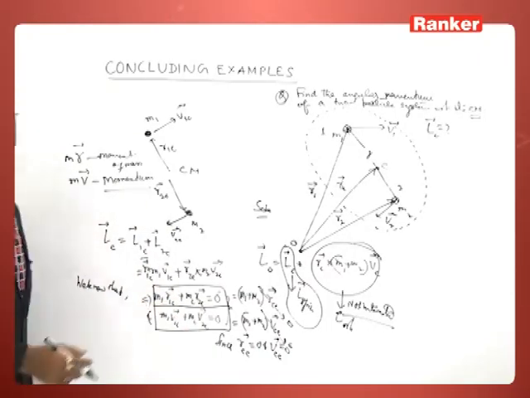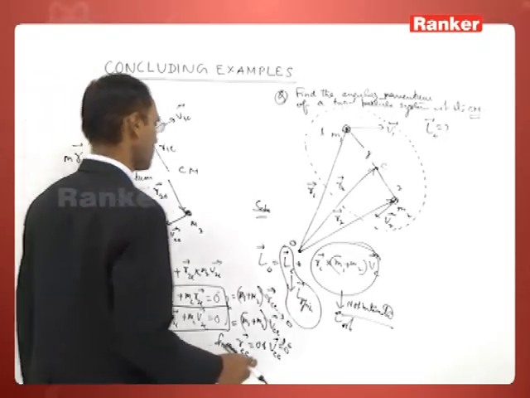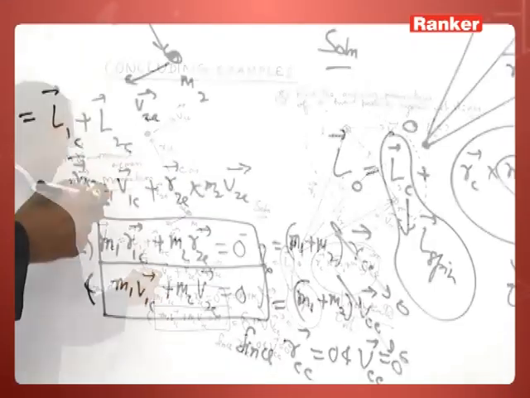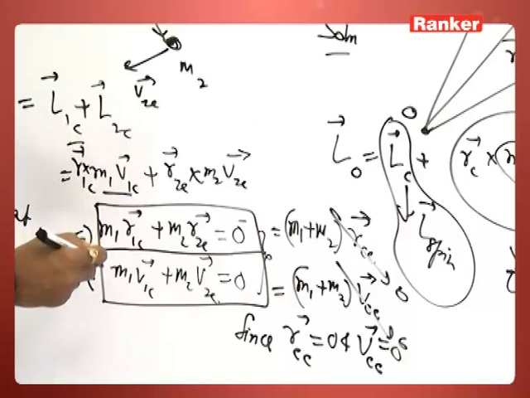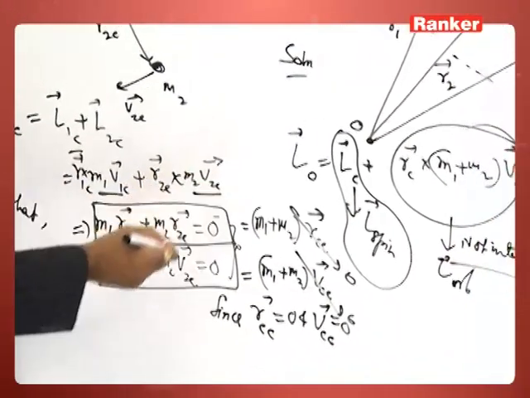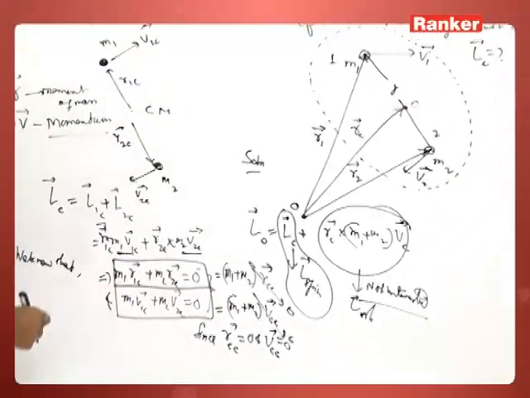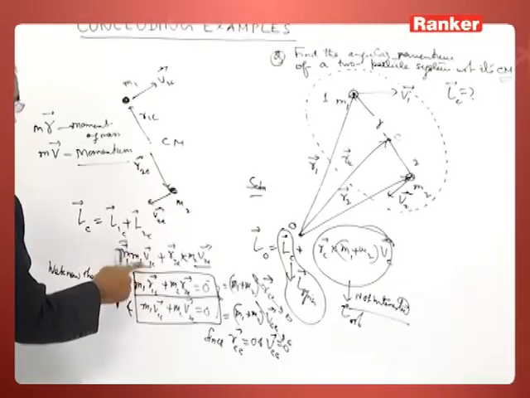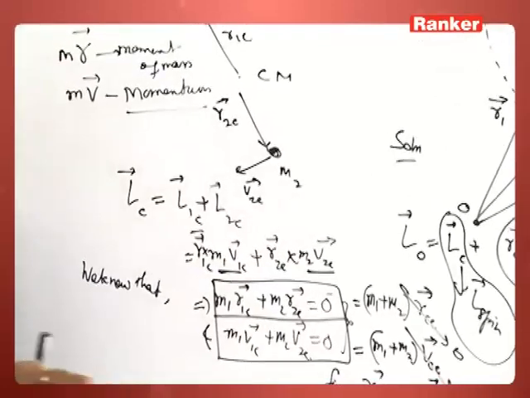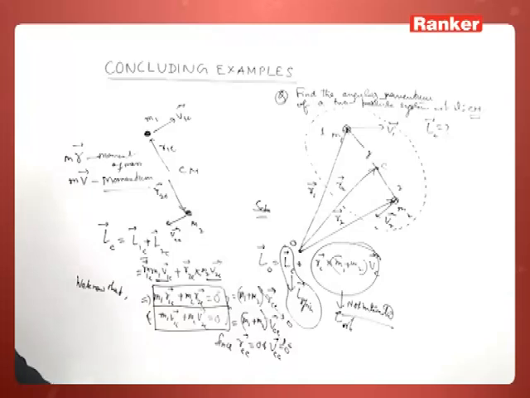That is another property of the center of mass. With these ideas, we can write m1 v1c is equal to minus m2 v2c, or m2 v2c is equal to minus m1 v1c, or you can write m1 r1c is equal to minus m2 r2c, or m2 r2c is equal to minus m1 r1c. So, both the ways we can solve the problem.